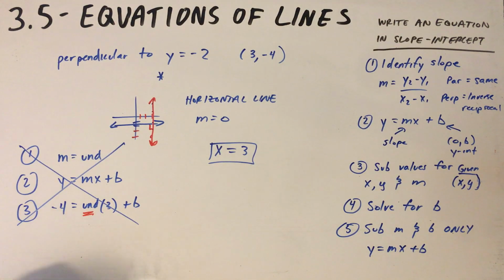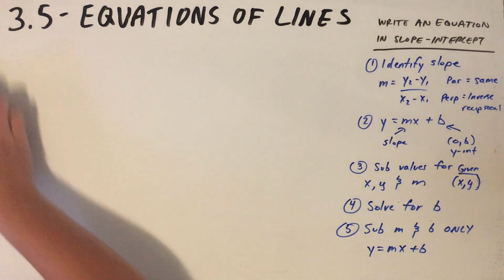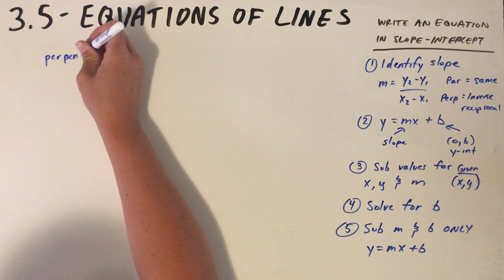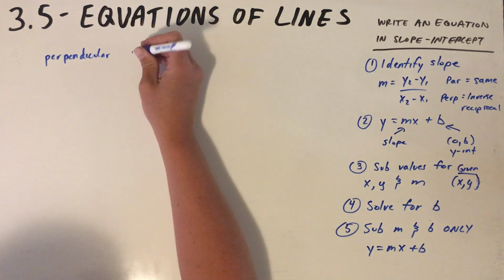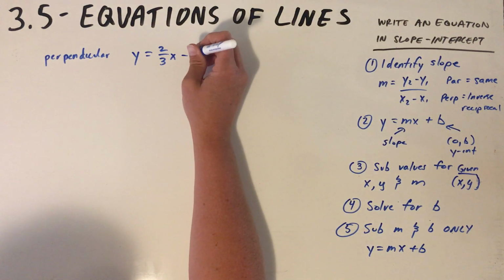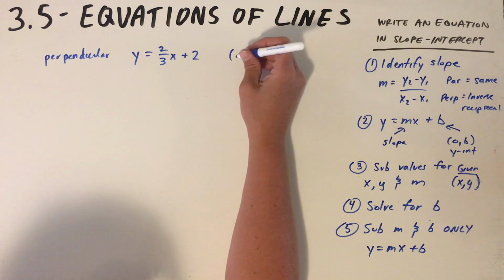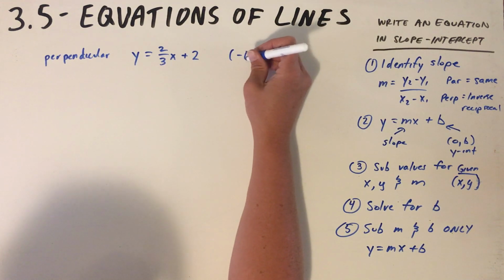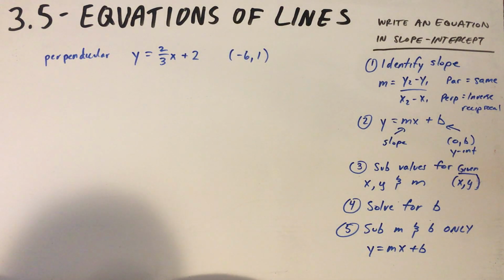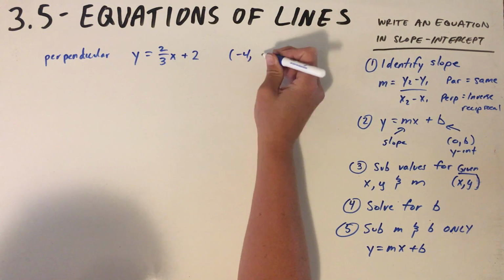Okay, what if we said instead that we want to find an equation of a line that is perpendicular to y = 2/3 x - 2 and passes through the point (-4, 1).